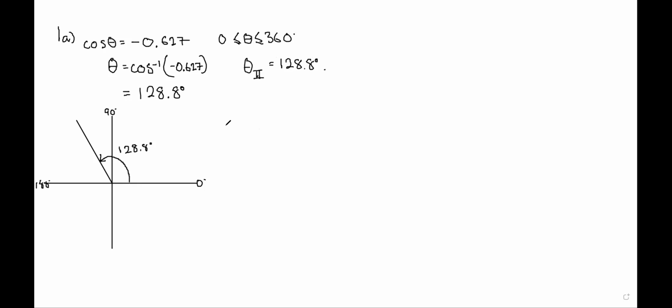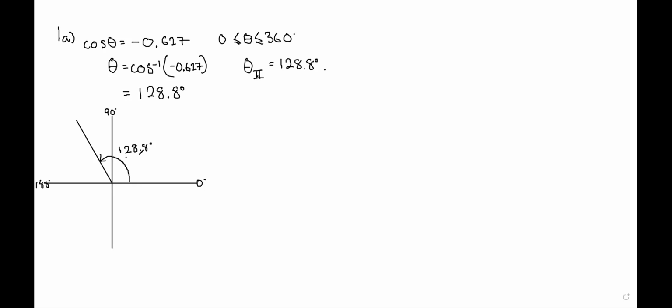Just like when you do the square root of 4, it doesn't give you plus or minus 2, it just gives you 2. In the same way, there's more than one answer here, but the calculator won't be able to give you both. So how do we figure it out? Well, this is where the CAST rule comes in.